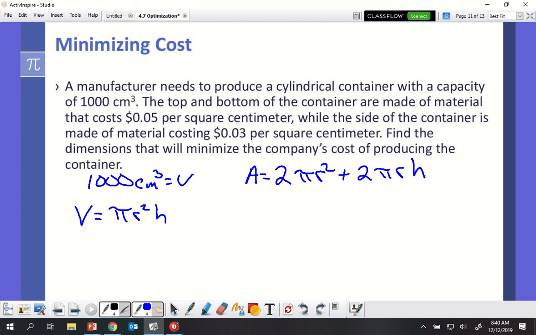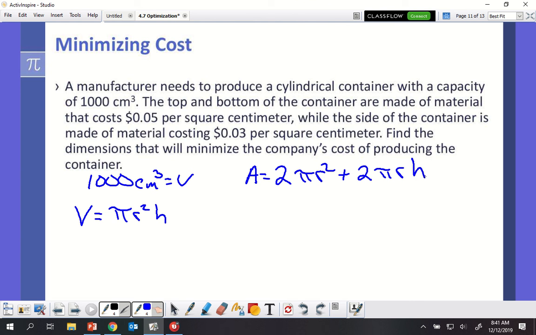All right, we're trying to optimize this, right? So, what don't I like here? I don't like h. Very good. So, what am I going to do to get rid of that? I'm going to use the volume formula to substitute that.